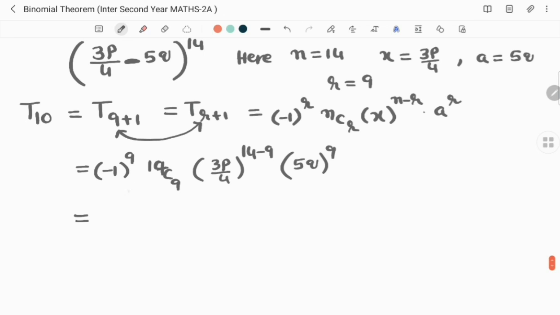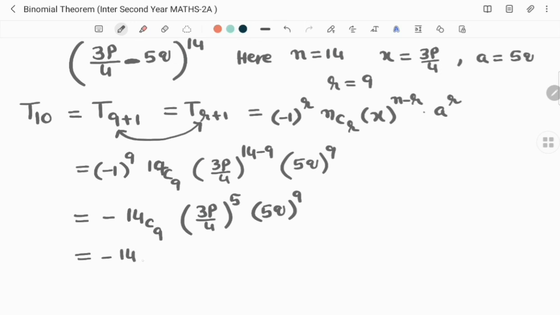So minus 1 whole power 9 is minus only, 14C9, (3p by 4) whole power 5, (5q) whole power 9, which is equal to minus 14C9, 3 power 5 by 4 power 5, into p power 5, into 5 power 9, into q power 9.